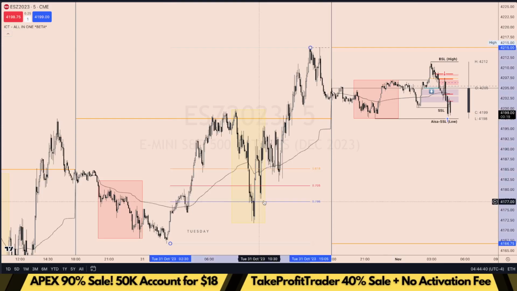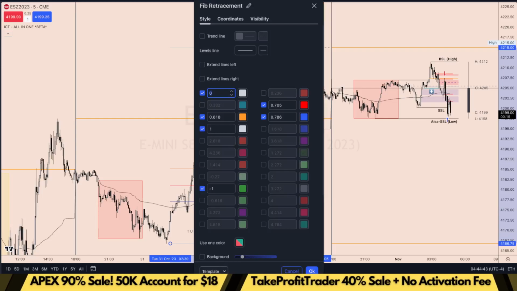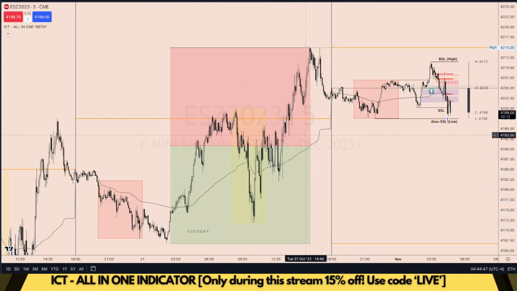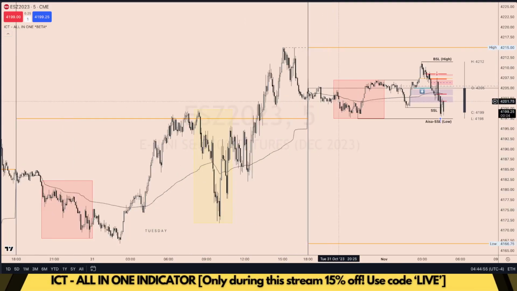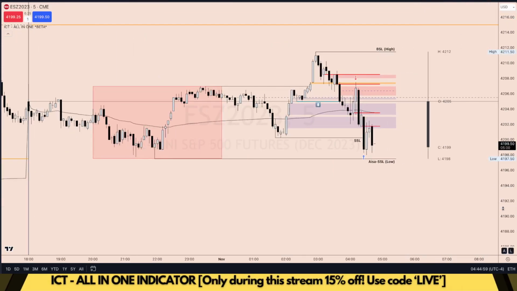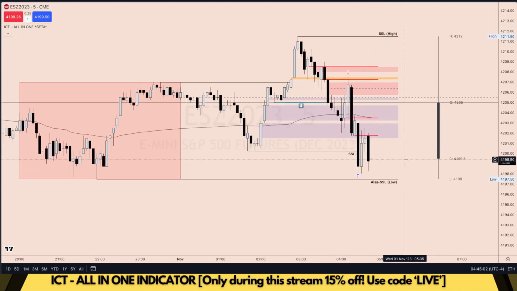Optimum trade entry would be down here, and if we use our PD array, that's the 50% from yesterday. Sell side liquidity below the 50% would be all the way down here. I don't know, I don't care, it's FOMC. That's the beautiful thing about it. You take what's yours and you're done.